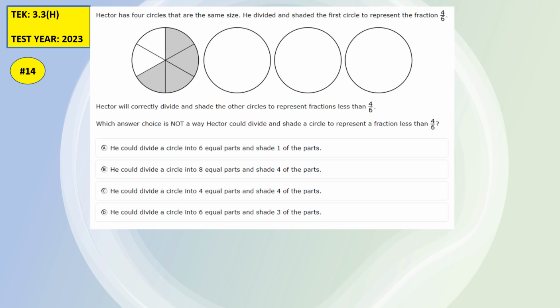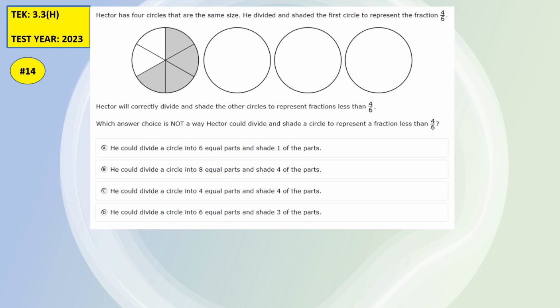Anytime you see not, that means that you want the false answer. You want the wrong answer. Which answer choice is not a good way that Hector could divide and shade a circle to represent a fraction less than 4/6? So that means that 3 of these answer choices are ways that he could represent less or smaller than 4/6.